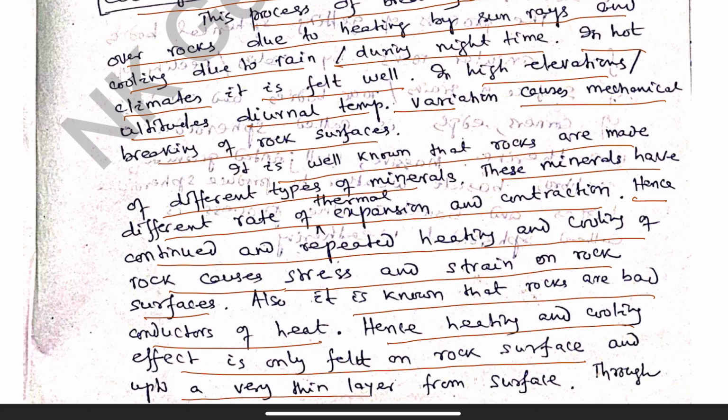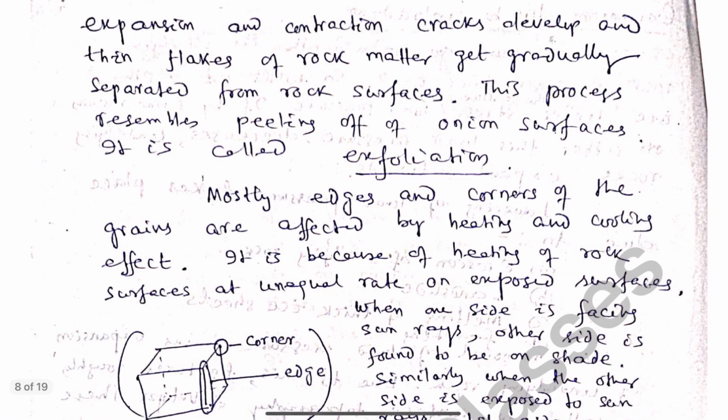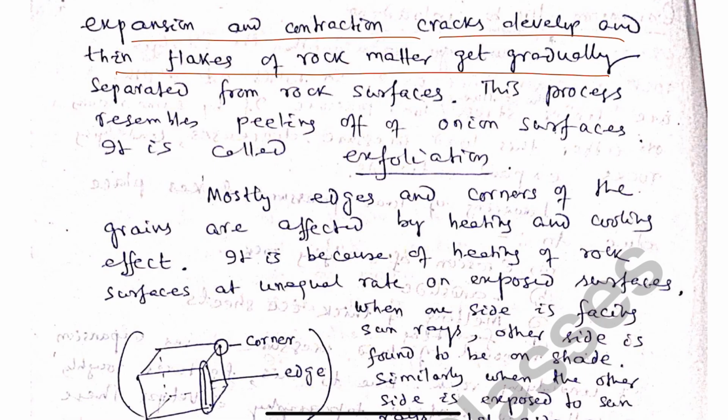So it exists on the rock surface in the form of a very thin layer. Through expansion and contraction, cracks develop and thin flakes of rock matter separate from the rock surfaces.